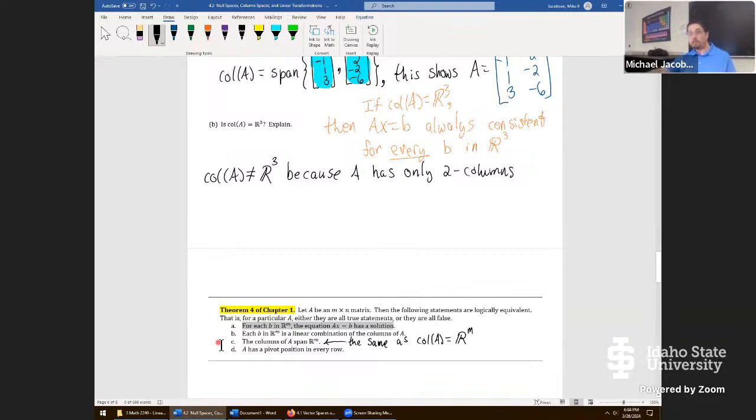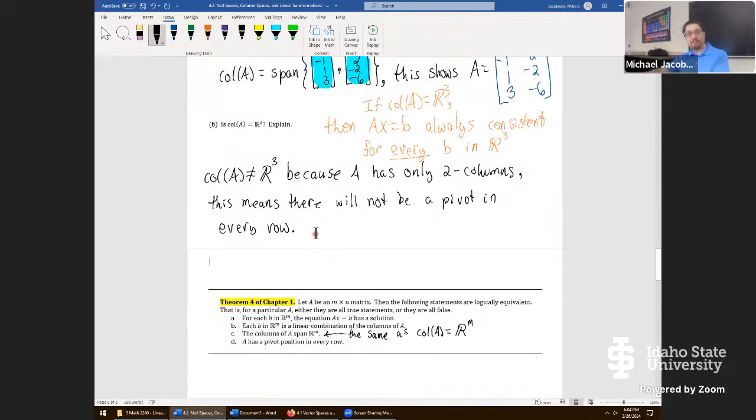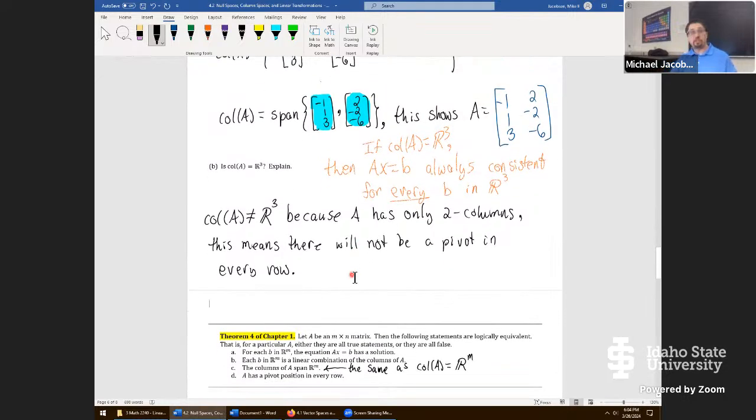If we want to relate theorem 4, you might say this means there will not be a pivot in every row. So that's the end on this one. Any questions, folks, with dealing with the column space so far?